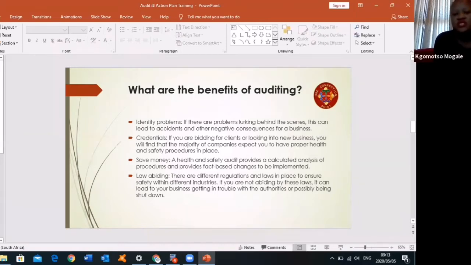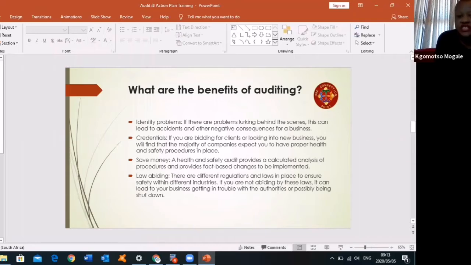So while we are conducting an audit, if there is anything that we have missed that can cause serious problems or consequences for the business, we can deal with that problem that we have identified during the audit.